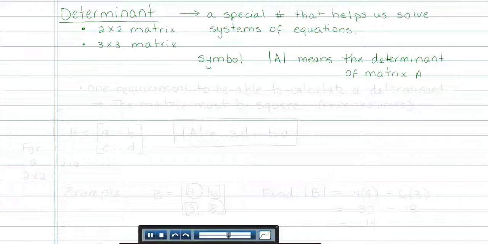There is one requirement to be able to calculate a determinant.